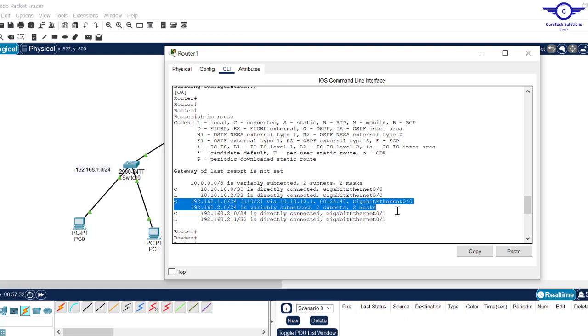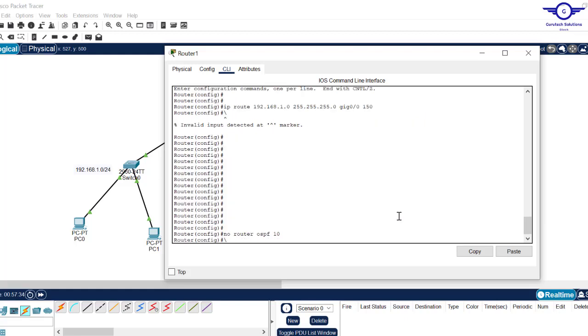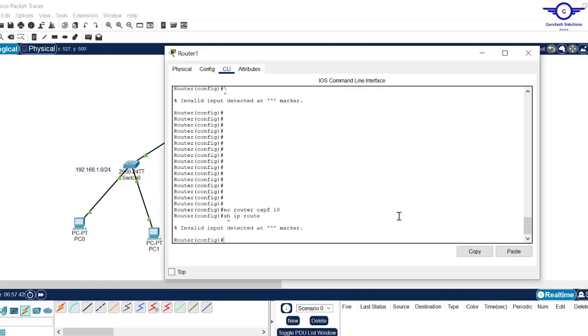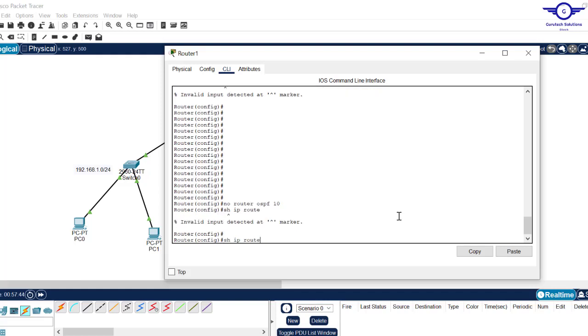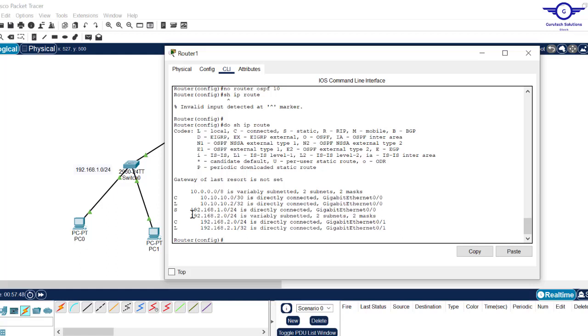So I want to do it again. Show IP route. You can see OSPF is not there. It has been replaced by static. So that's how to configure it, which is very, very simple.